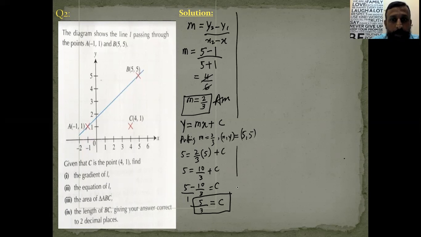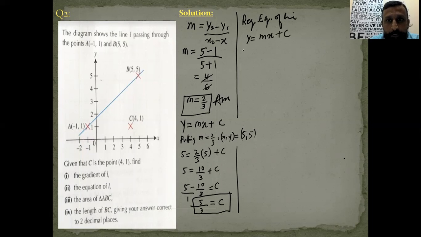So the required equation of line will be y equals mx plus c. So my dear students, let's plug in the values of m and c. We found m as 2 upon 3, and we found c as 5 upon 3. Now, you can see there are two denominators and both the denominators are 3 and 3.